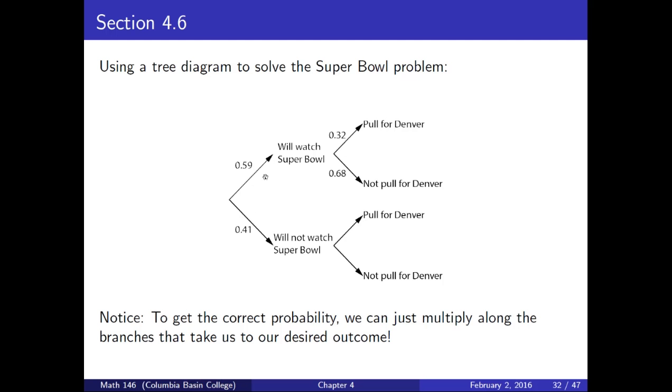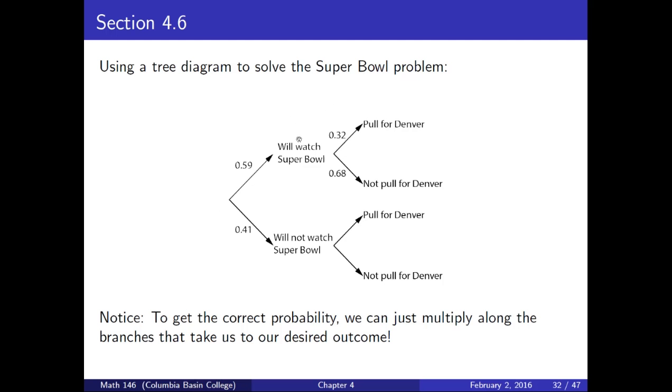So you'll notice on this branch, what's the probability of watching the Super Bowl? That's 59%, which means 41% must not be watching it. And of those who watch the Super Bowl, 32% are rooting for Denver, which means 68% must not be. We can get the correct probability by figuring out which branch we want to land on: the branch where people watch the Super Bowl and root for Denver.